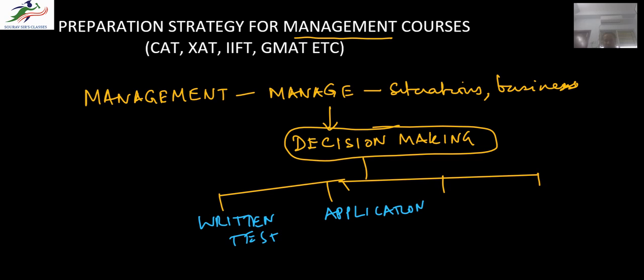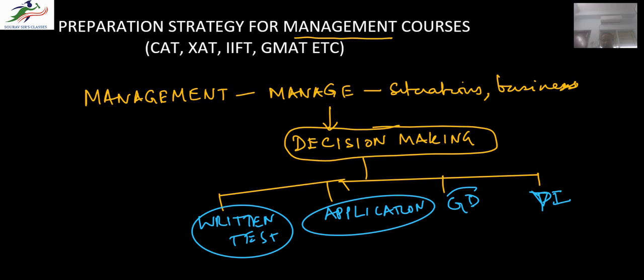The third step would be a group discussion, and the last step would be a personal interview process. So these are broadly the 4 stages or 4 gates through which you have to qualify. And remember that all they are looking for is your decision making skills. So let's explain how.